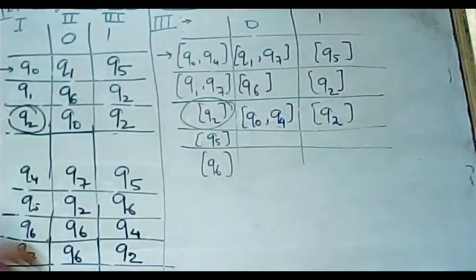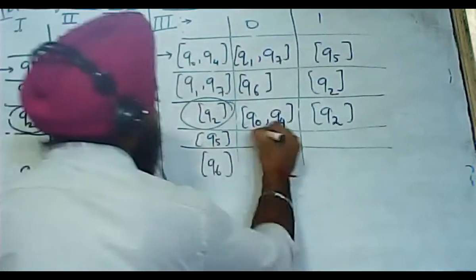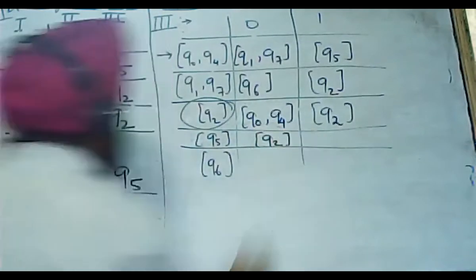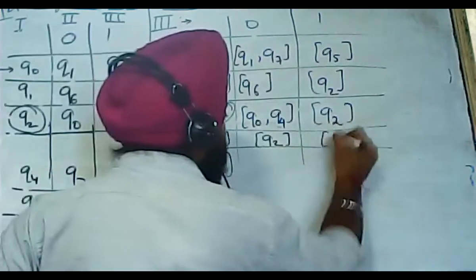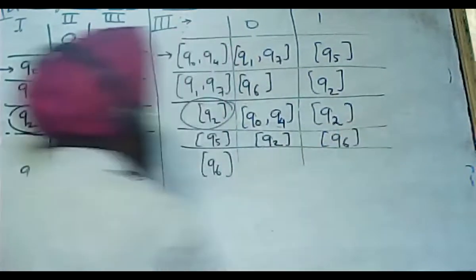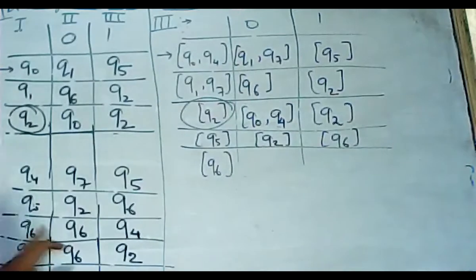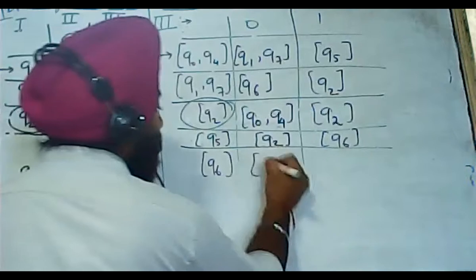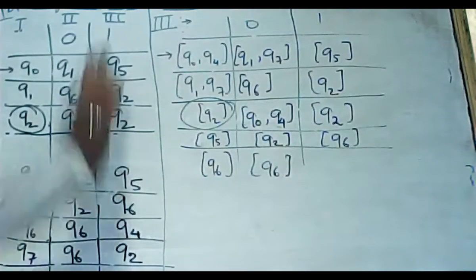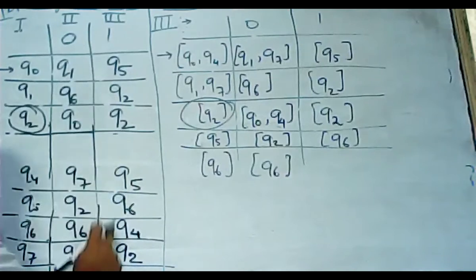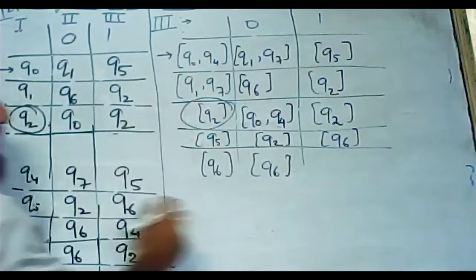Next, Q5 upon the processing of 0 is going to Q2. Q5 upon the processing of 1 is going to Q6. Last, Q6 upon the processing of 0 is going to Q6, and Q6 upon the processing of 1 is going to Q4, but Q4 is not alone.